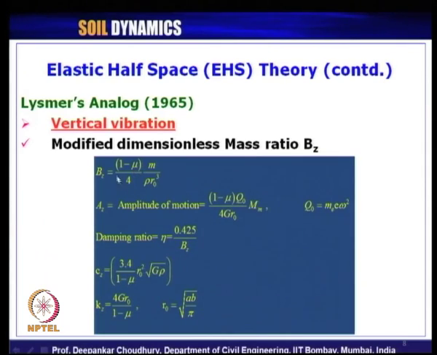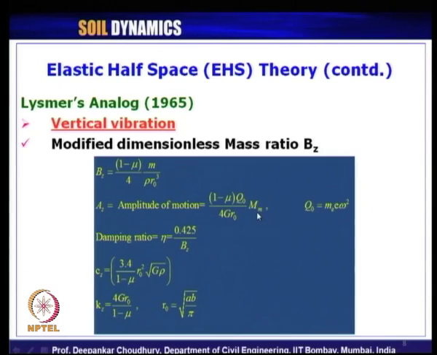Then the effect of Poisson's ratio is also taken care of, and still it remains non-dimensional. And using that concept, the amplitude of motion can be calculated using this expression, that is 1 minus mu by 4 g r naught times q naught times Mm.